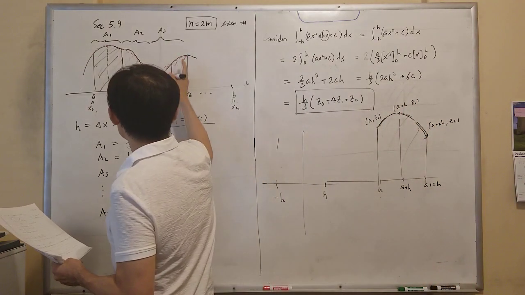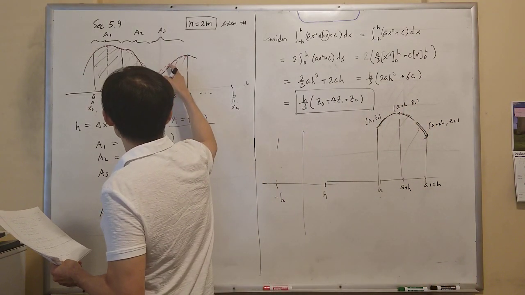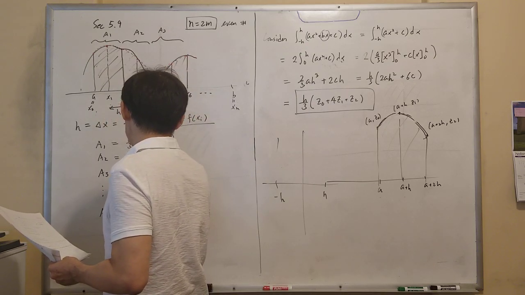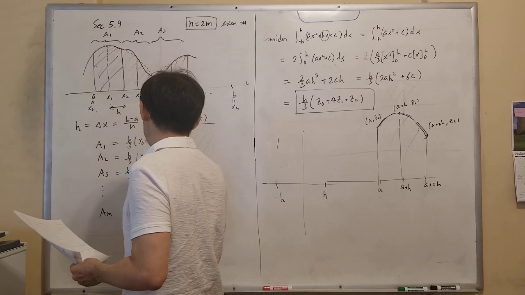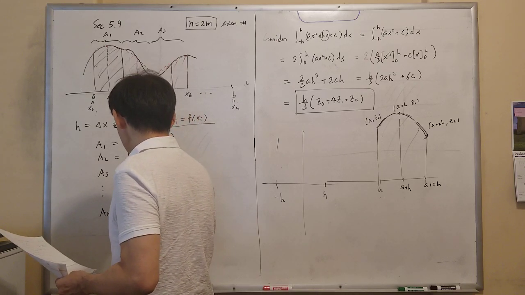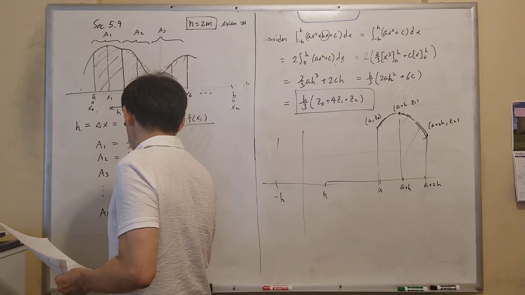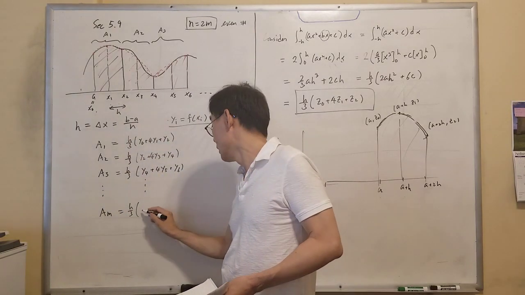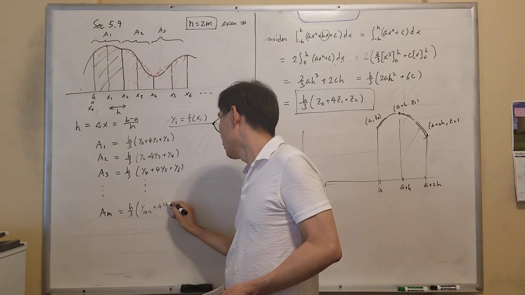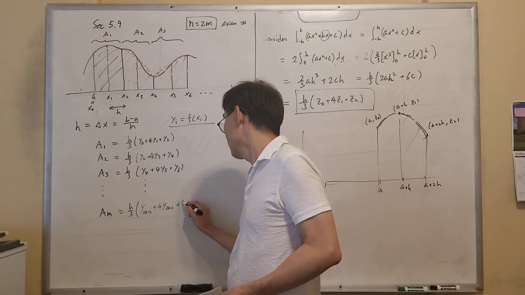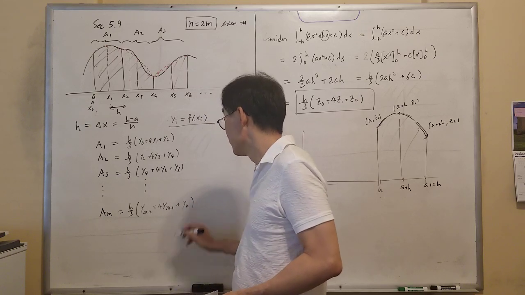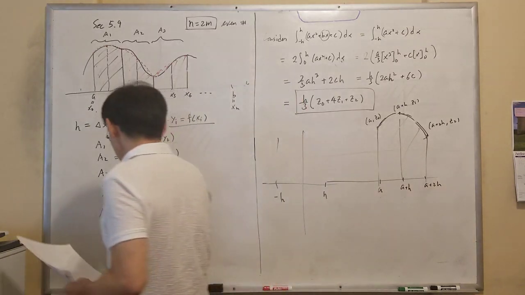For a3, this time y4 is the beginning, 4y5, y6, all the way to the last three: y2m minus 2, 4y2m minus 1, plus y2m. You add them up.